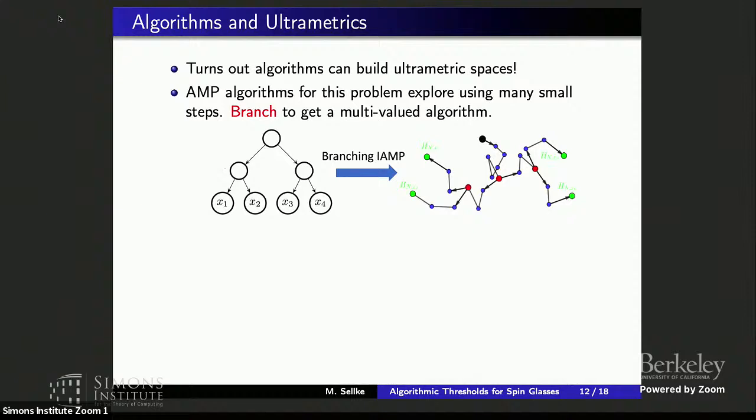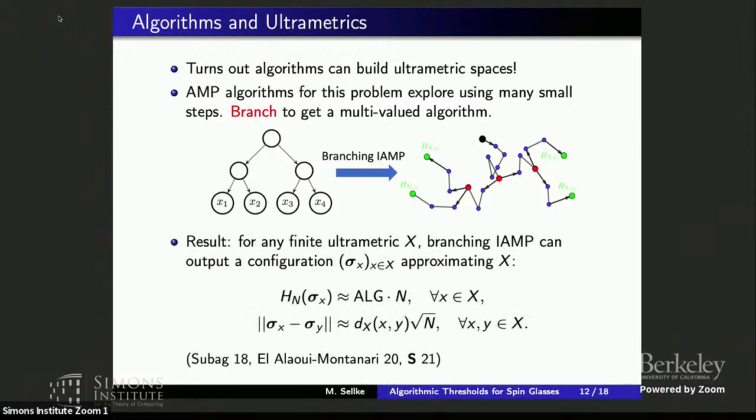And you can define a branching version of it that kind of re-randomizes things a couple times and creates a bunch of different outputs. If you do this, you can construct a bunch of outputs. And in fact, for any fixed size ultrametric space X, you can output a bunch of points whose metric structure is the same as X.